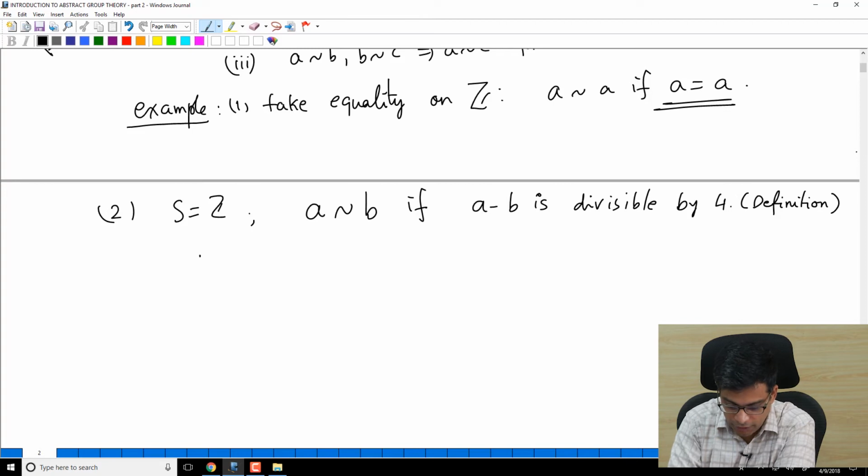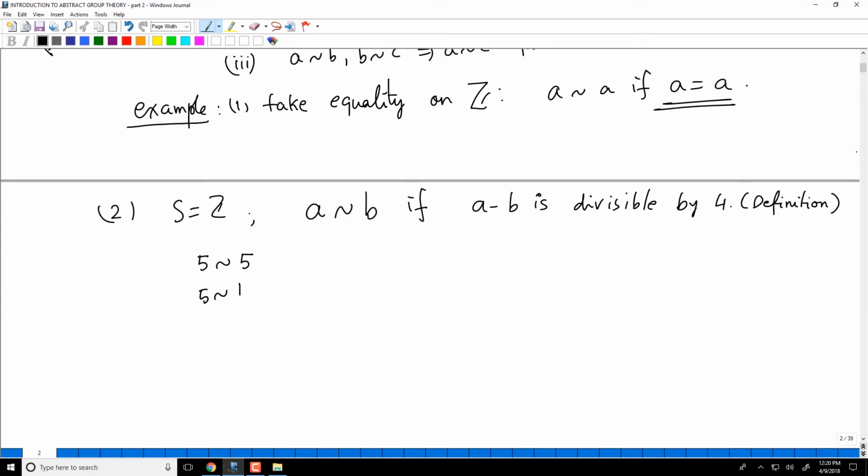For example, 5 is related to 5, of course, because 5 minus 5 is 0. Earlier, equality was the only relation, but now we have more, because 5 is also related to 1. 5 is related to 5 because 4 divides 5 minus 5, which is 0. But 5 is related to 1 because 4 divides 5 minus 1, which is 4.